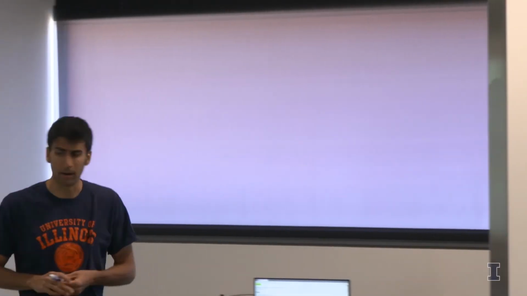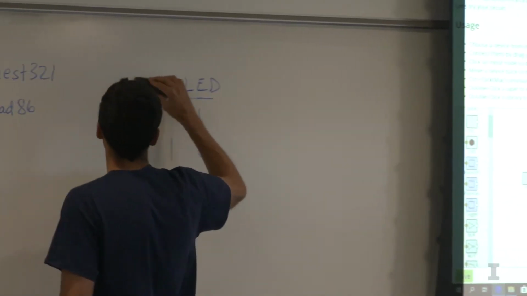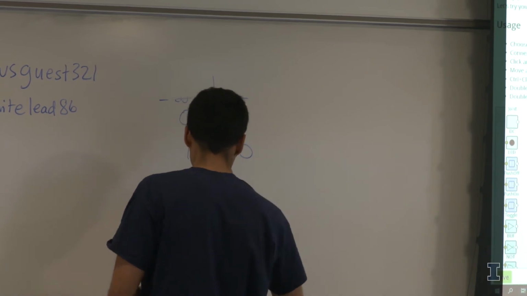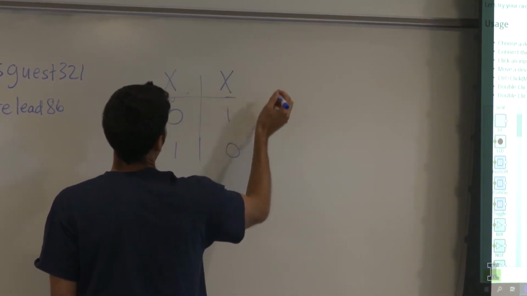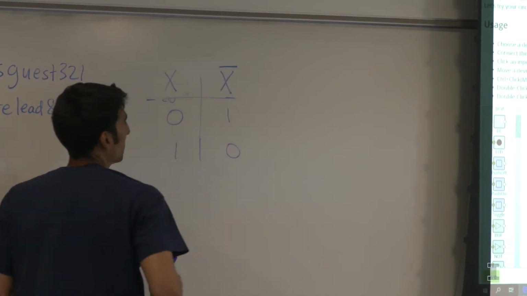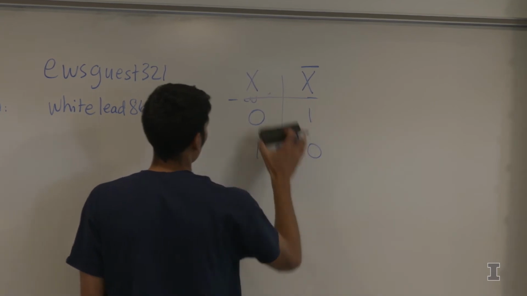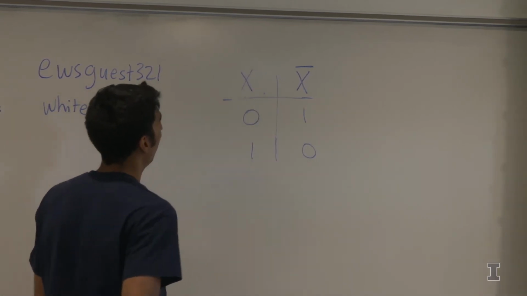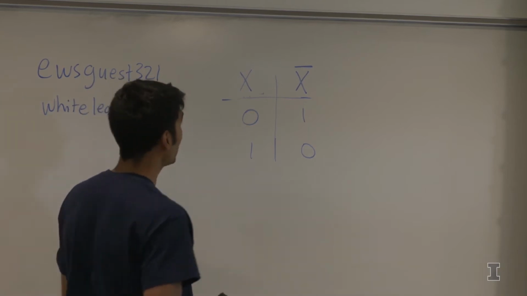So let's call this X and not X, which is sometimes abbreviated like that, just put a line on top. Okay, good. So that's the truth table for the NOT gate.